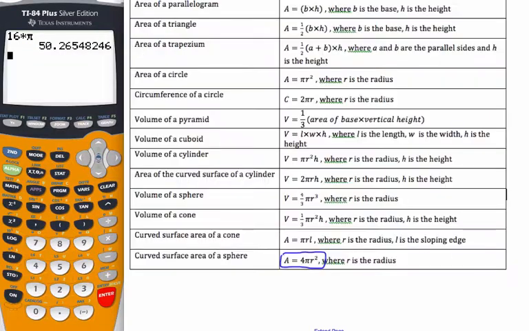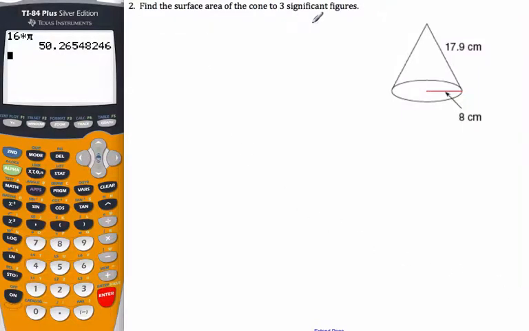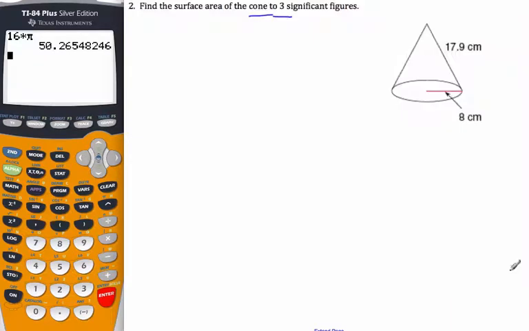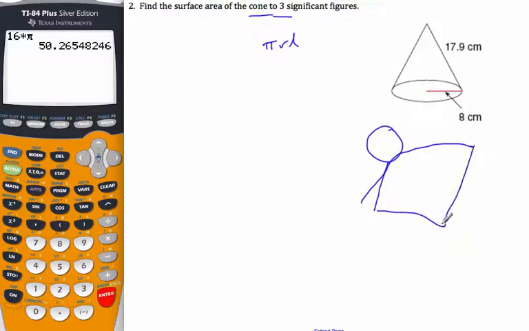Okay, let's try another example then. We want to find the surface area of the cone to 3 significant figures. If I look at my formula sheet, the curved surface area of a cone is pi rl. If I open this cone up, my base is a circle, and the curved part ends up being some kind of curved piece, which is really hard to draw.